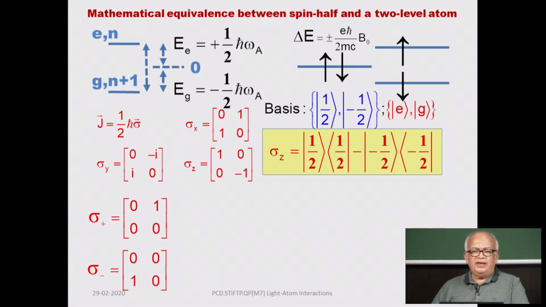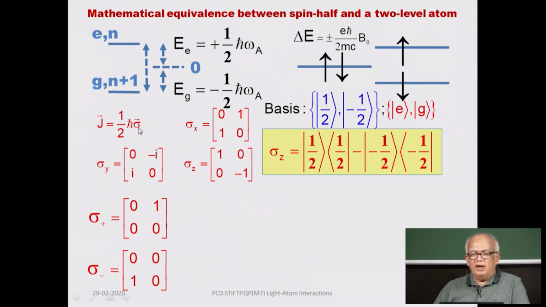These are orthogonal states, and the angular momentum algebra of the spin half states can be directly employed to do the mathematics of the two-level atoms, because the system is completely equivalent, and the spin half system is described by the Pauli matrices, the sigma x, sigma y and sigma z, corresponding to the angular momentum half.